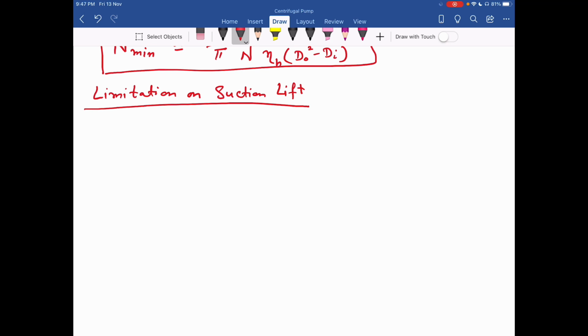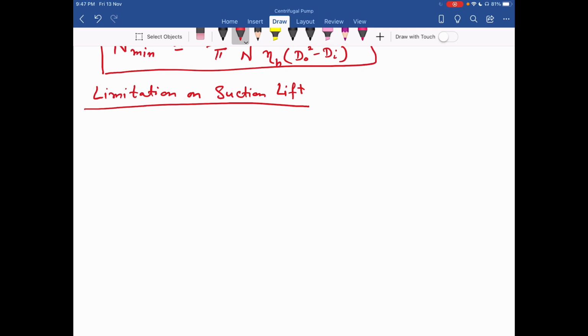So this suction pressure or this negative pressure depends upon the height of the pump above the sump level. So that is similar to the draft tube of a reaction turbine.